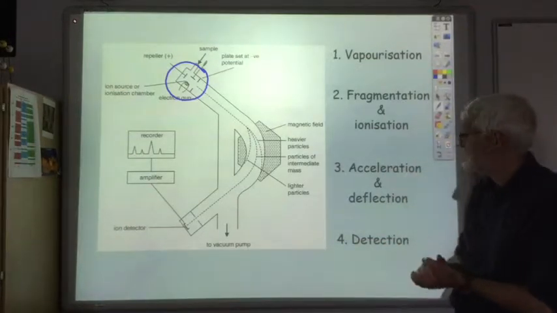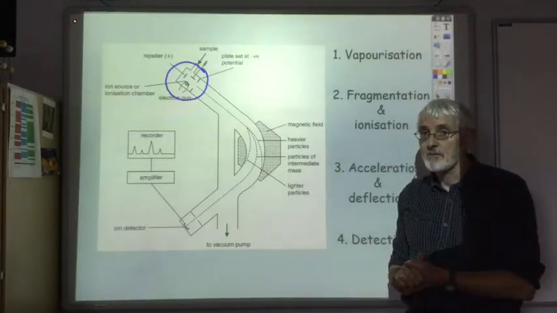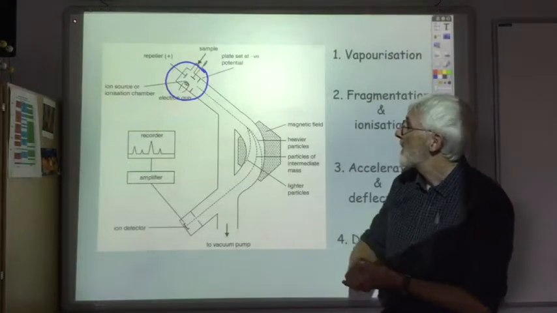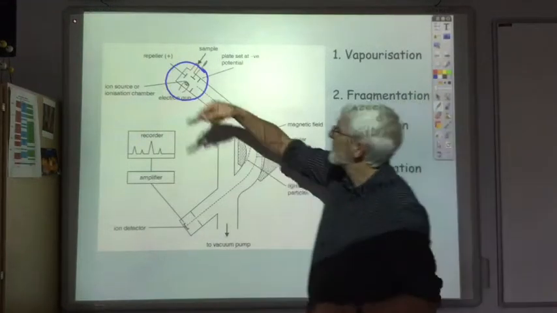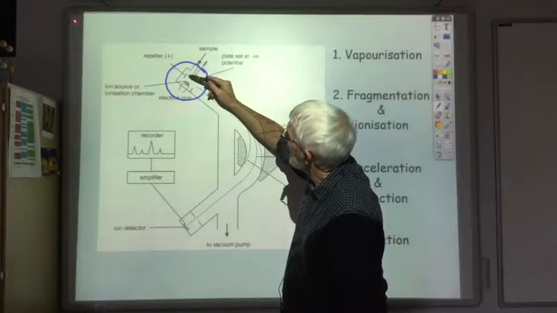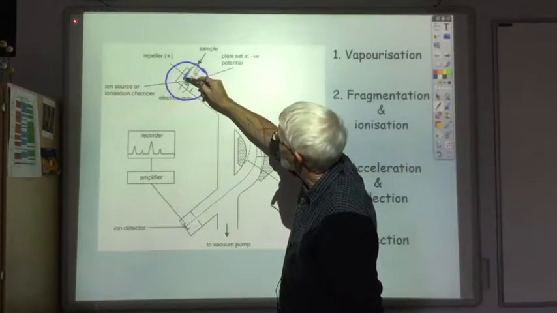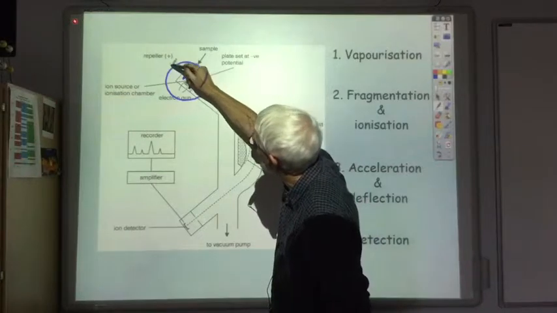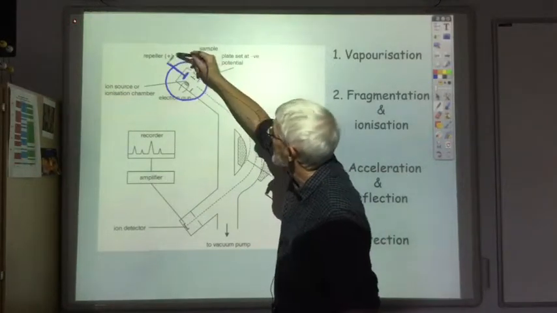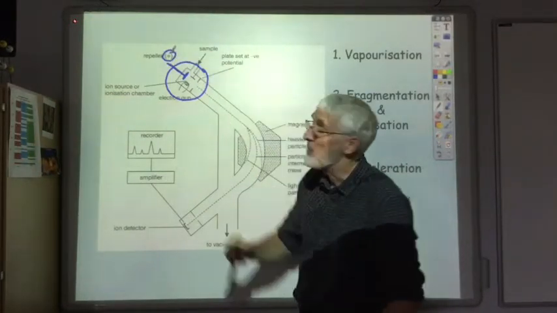Third step, acceleration and deflection. Well, at this end of the mass spectrometer here, we've got an electrically charged plate called a repeller, and it's got a positive charge.